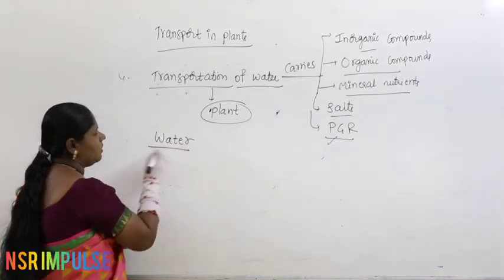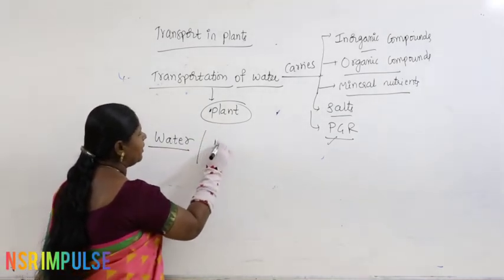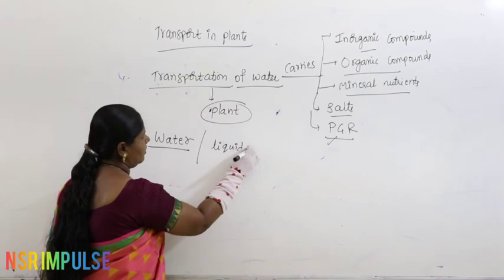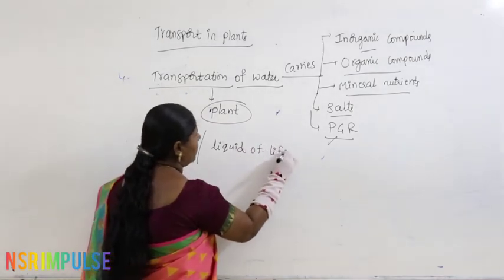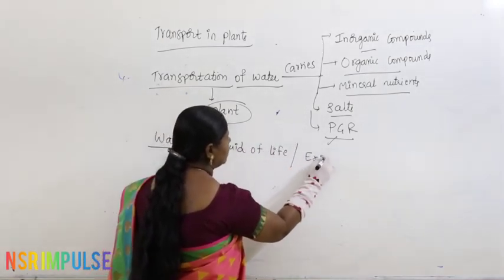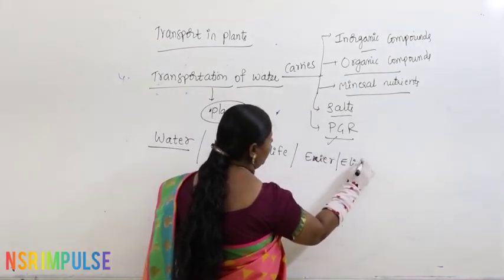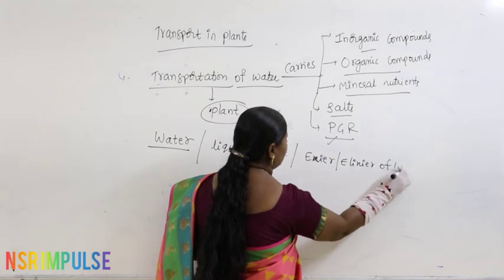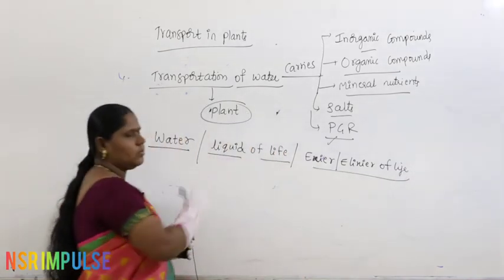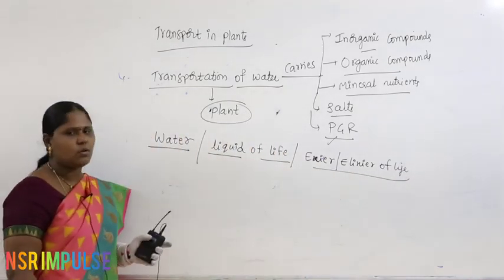Here, who is playing a vital role? It is nothing but water. Water is called the liquid of life, or the elixir of life. Of course, we all know it very well. Water is the universal solvent.